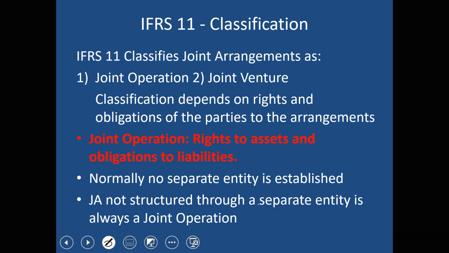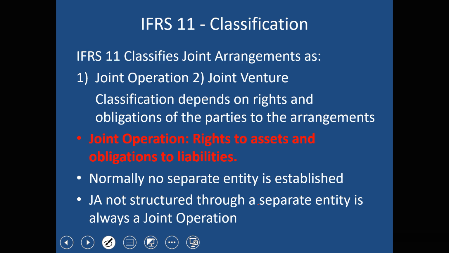But if the agreement is such that we will set up an entity and the entity will do the business and we are only interested in the net asset, in the profit that is made at the end of the day, we don't care what asset they acquired, then we are talking about a joint venture.